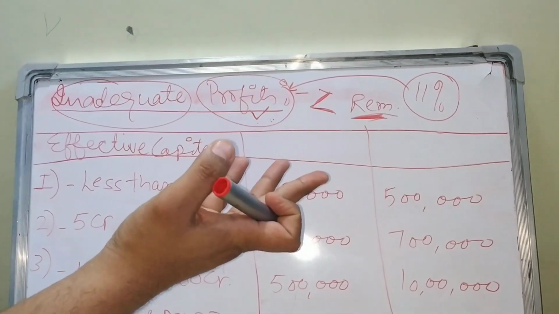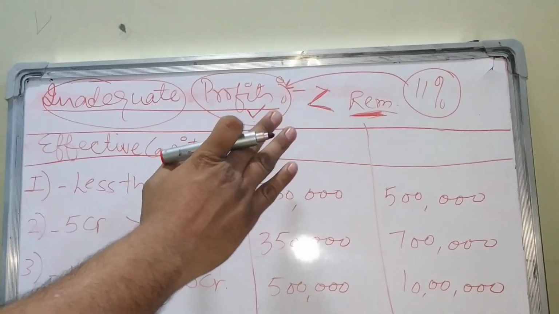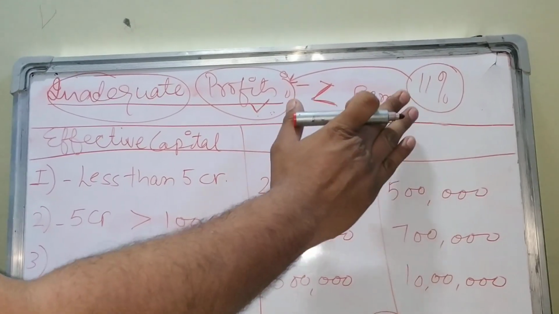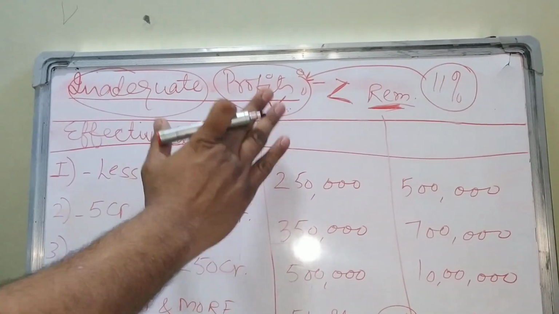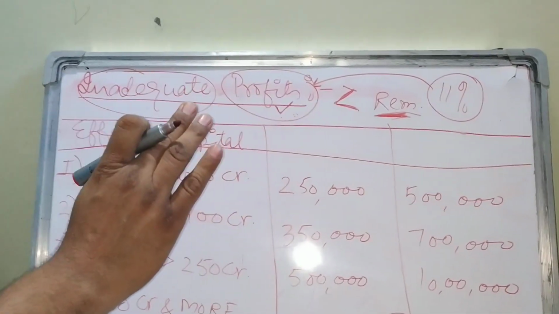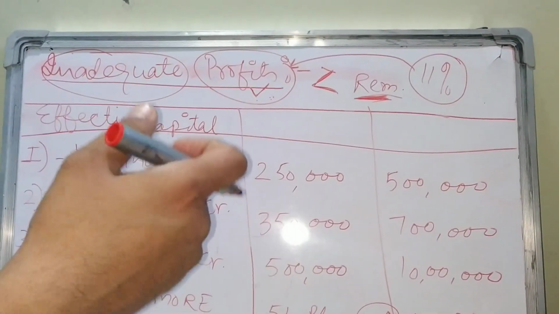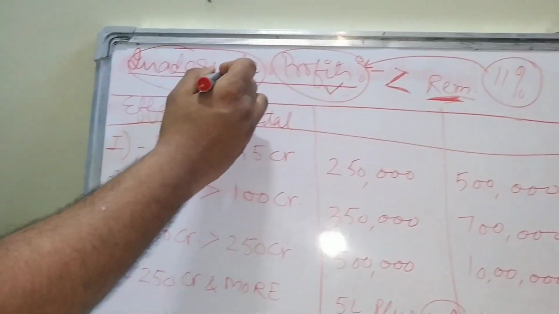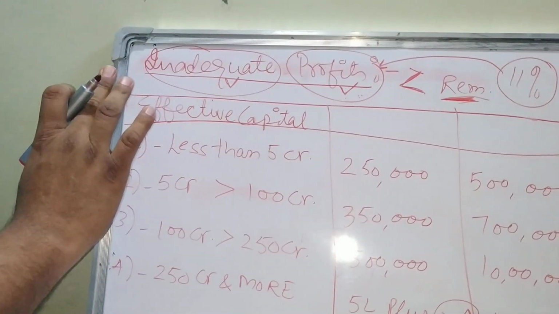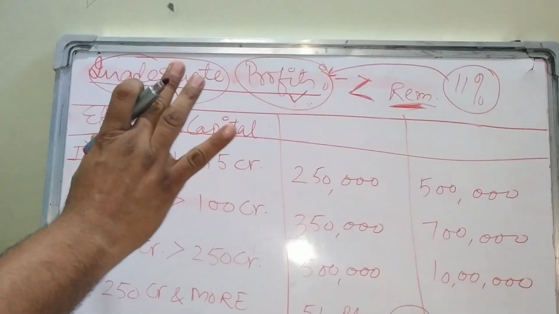Because there are no profits. So in this situation, the Companies Act 2013 provides relief to the managing directors: if there are inadequate profits, what amount can we go for?